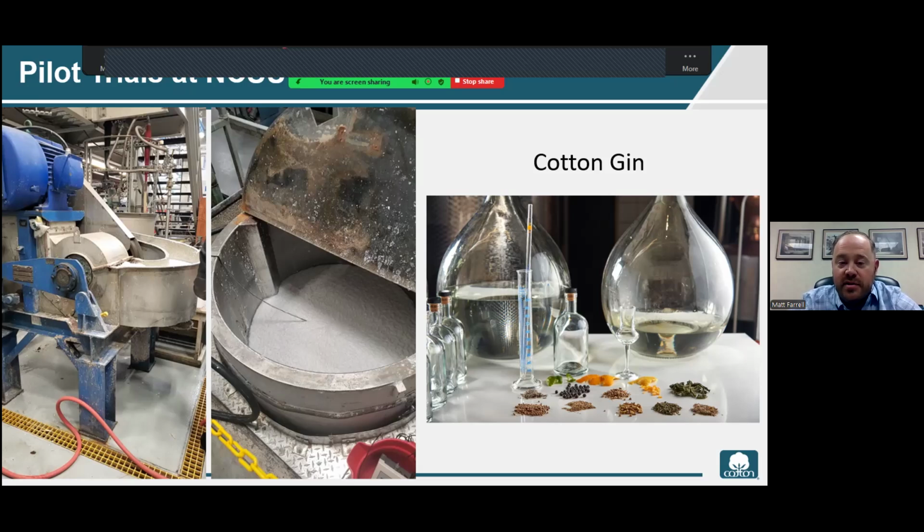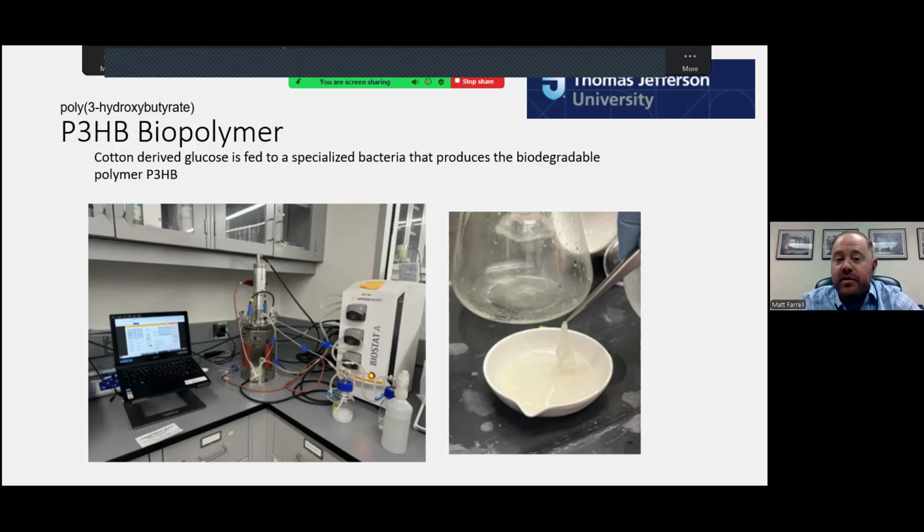But in all seriousness, when we developed the glucose, there's really two paths you can take. One would be to utilize the glucose as is and do some type of chemical reactions to it. The others are bio-based or biological processes rather. And so this year we've been doing some really exciting research with Thomas Jefferson University.